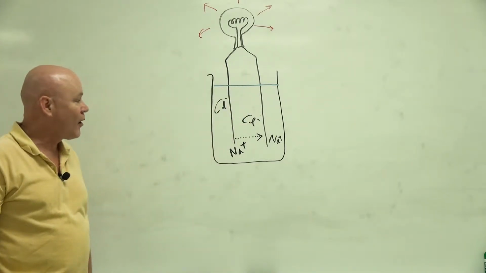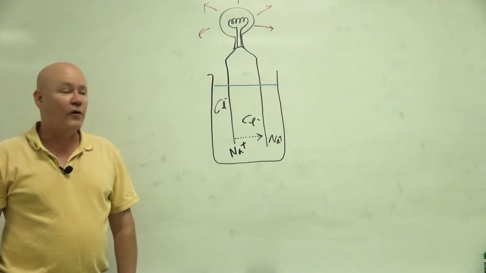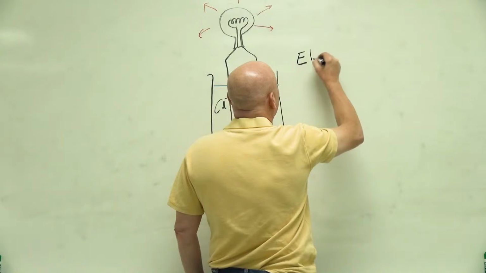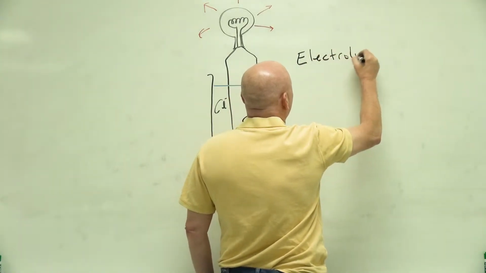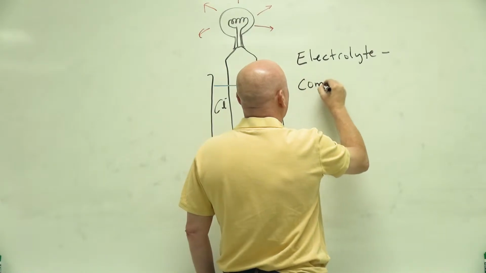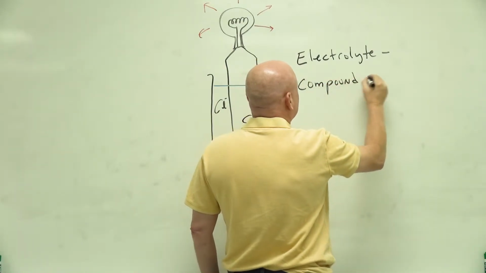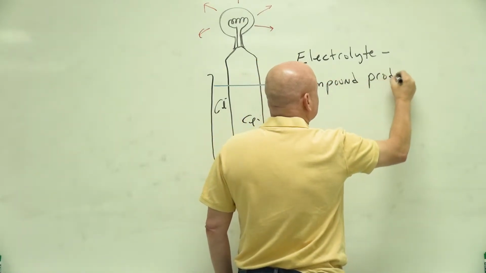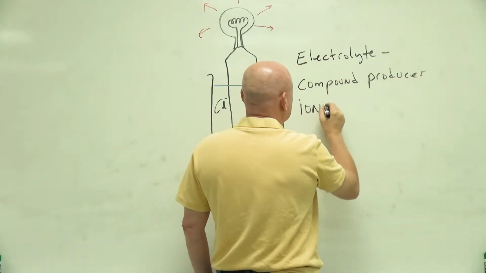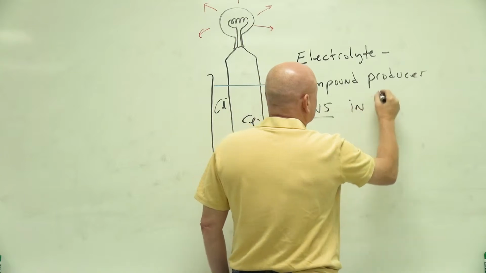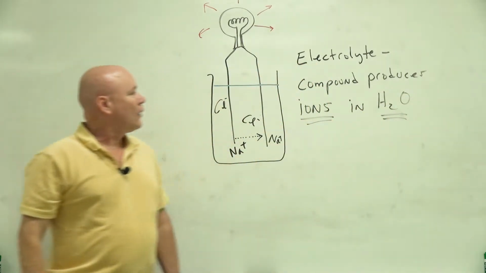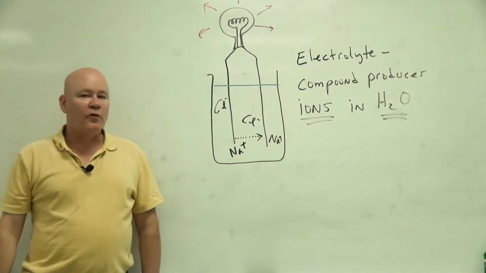Now, when we have ions in water, we call this an electrolyte. That's a compound that produces ions in water. And so an electrolyte is a compound that produces ions in water.